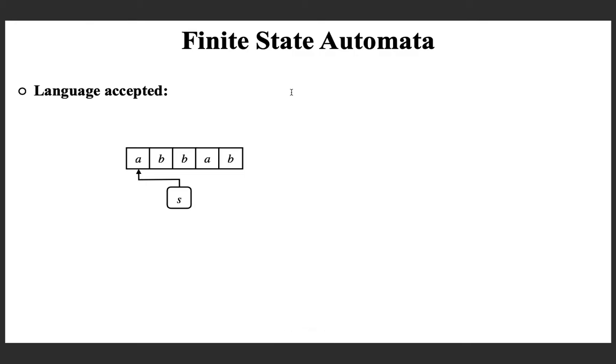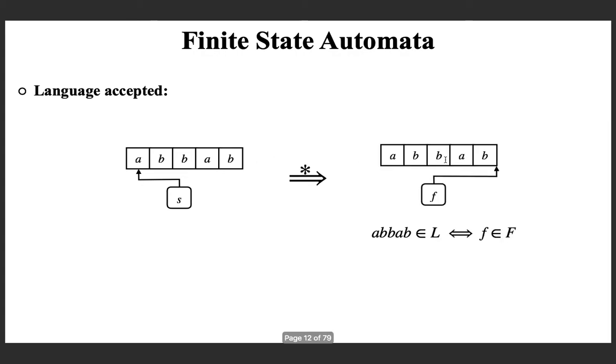Now, we can look at the language accepted by a finite state automata. Now, suppose the given finite state automaton starts its execution or computation in this initial configuration where the state is the start state, read head is positioned to the first symbol in the input tape, and this particular input is accepted when the final configuration reaches this.